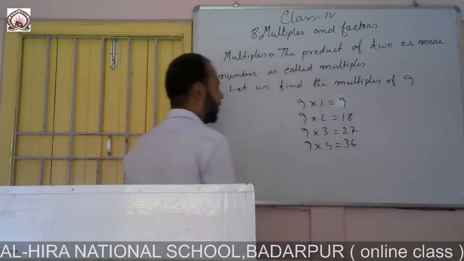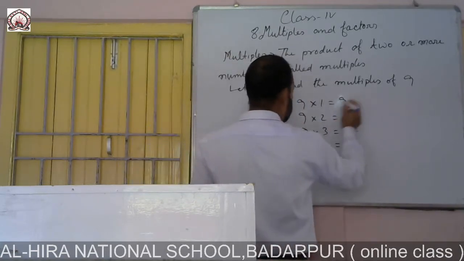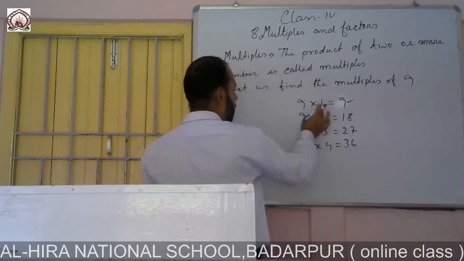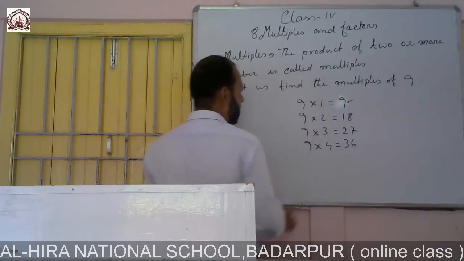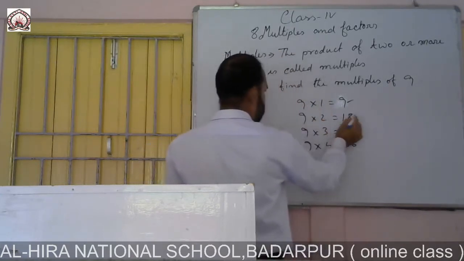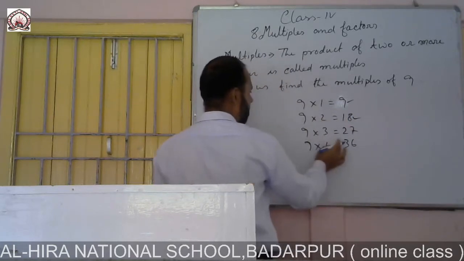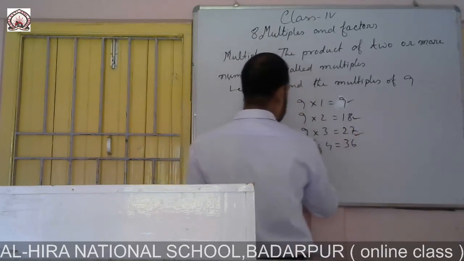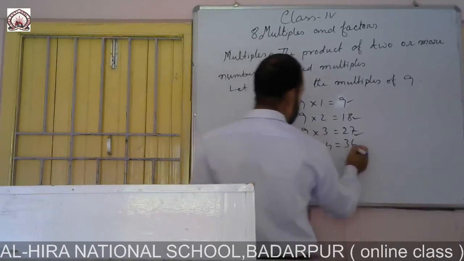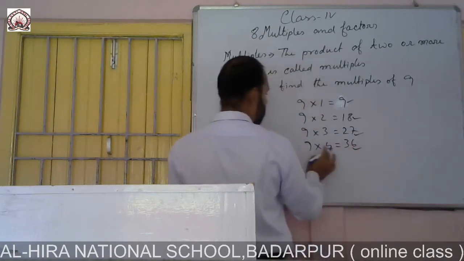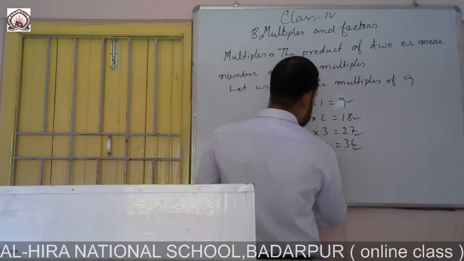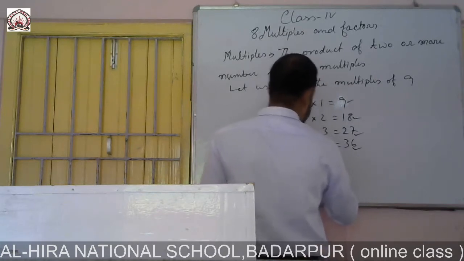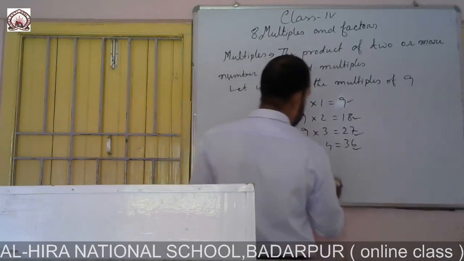So here also 9 is the multiple of 1 and 9. 18 is the multiple of 9 and 2. 27 is the multiple of 9 and 3, and 36 is the multiple of 9 and 4, and so on.